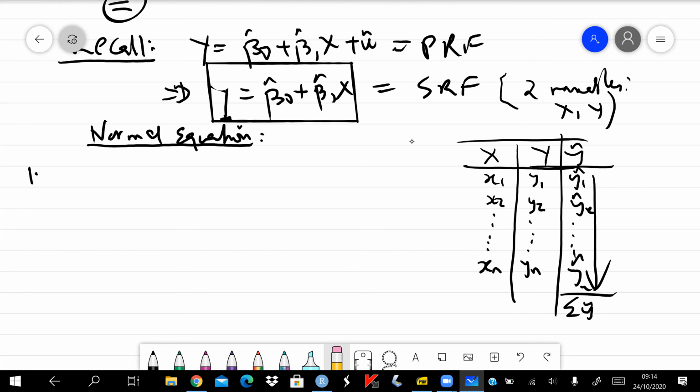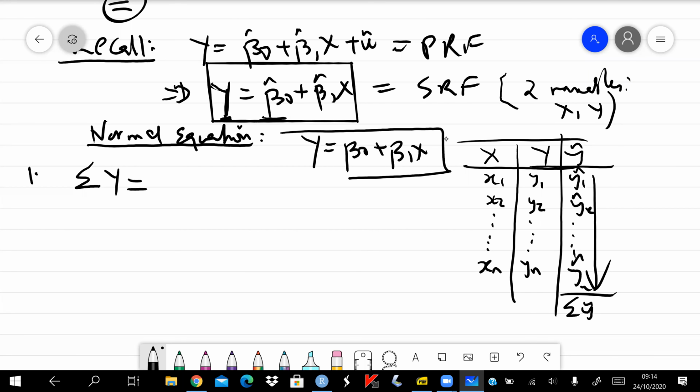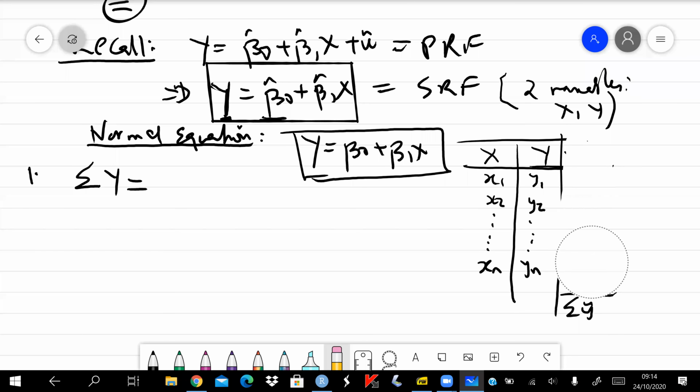So the first normal equation is given by summation of y is equal to, then you sum this item here. For simplicity, I'm considering the equation as y equals beta naught plus beta 1 x. So I'm going to sum the y's, so I'll have summation of y.